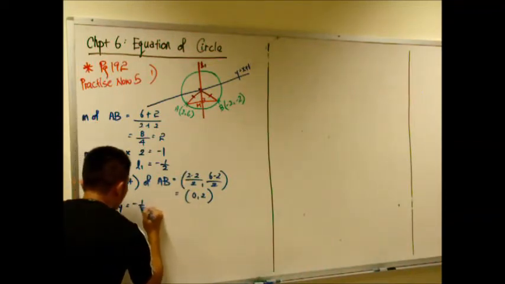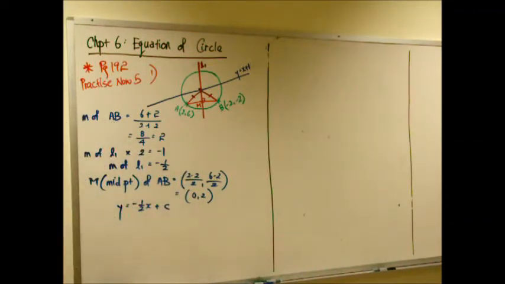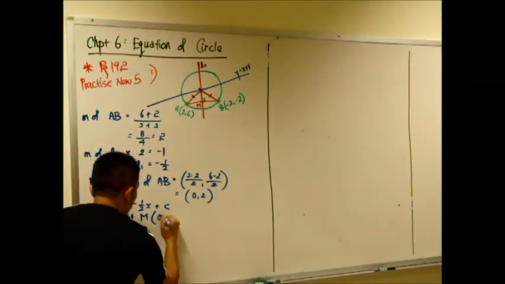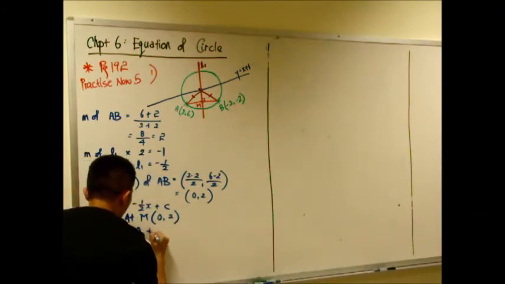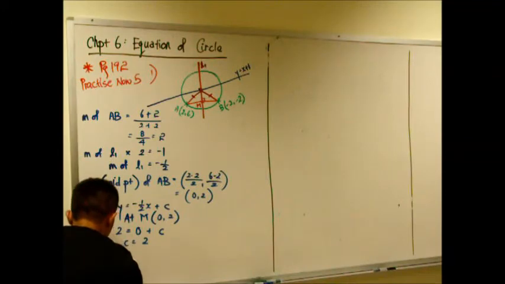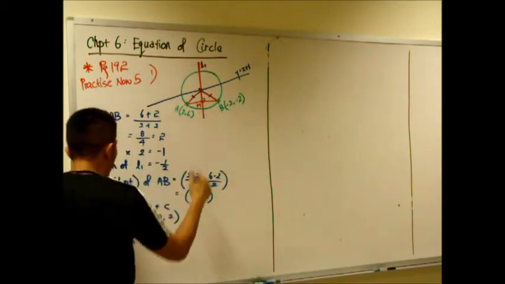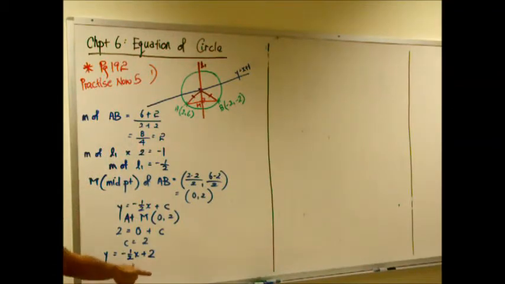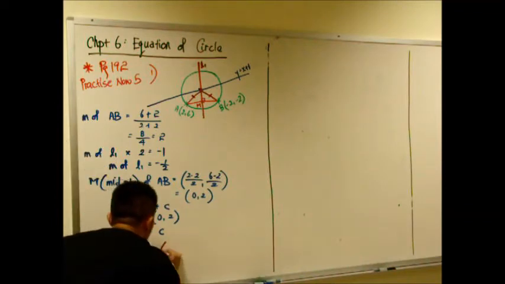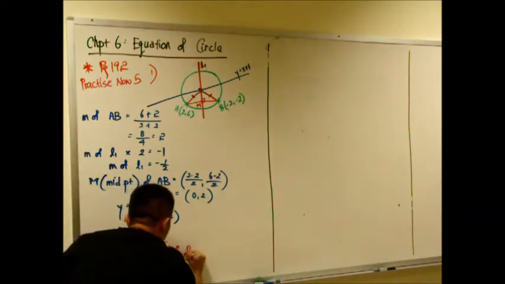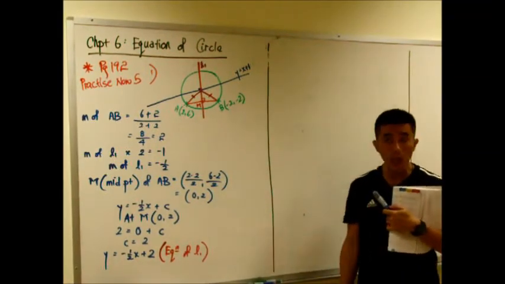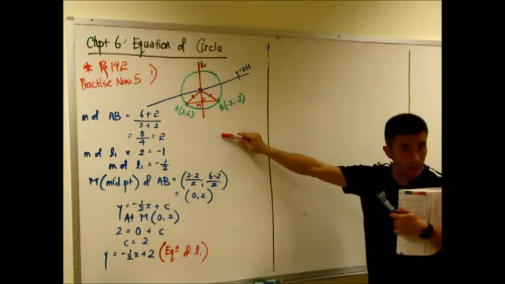Since the gradient is negative half, we use this point to substitute inside here. In other words, the equation of the line L1 is found. This is the equation of the line L1. Making use of the concept of the isosceles triangle, we are able to find the perpendicular bisector.